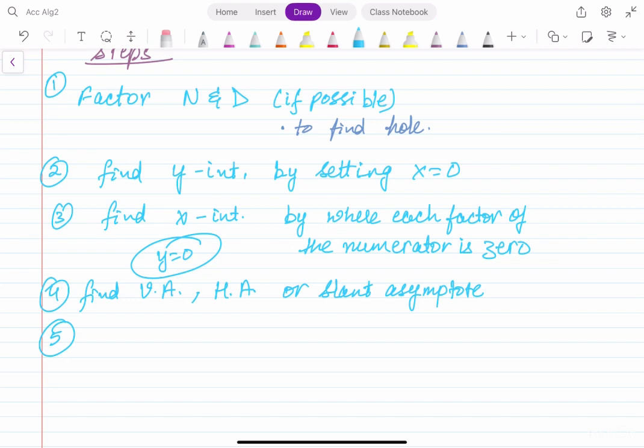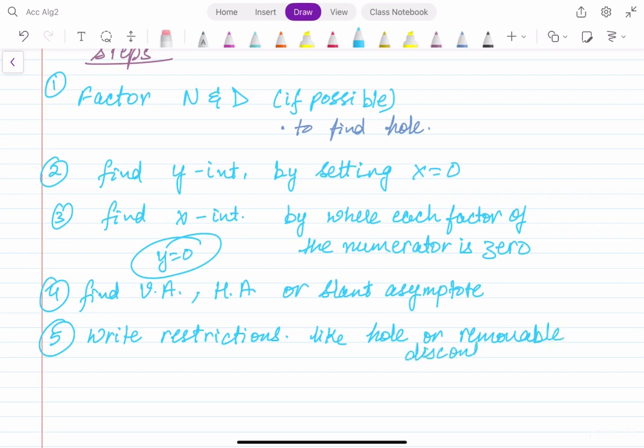The next step is to find the removable discontinuity, or where the hole is, the same thing we did in step one. The removable discontinuity, or where the denominator is equal to 0, gives my restrictions. So write all the restrictions, whether vertical asymptote or horizontal asymptote, and especially if there is a hole, write it down.